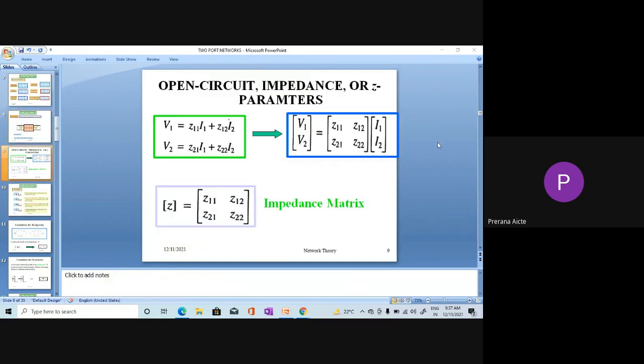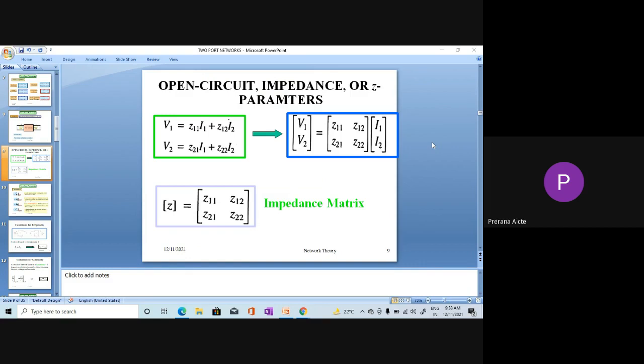So let's go for open circuit impedance or Z parameters. This is our first parameter network. We are going to discuss open circuit impedance or Z parameters. We can name it in three ways: open circuit parameters, impedance parameters, and Z parameters. From the examination point of view, try to concentrate.